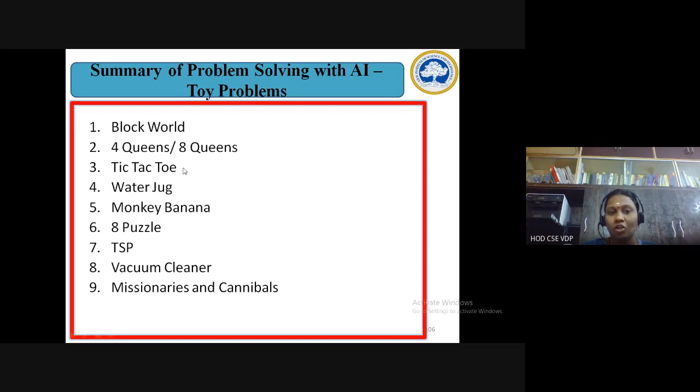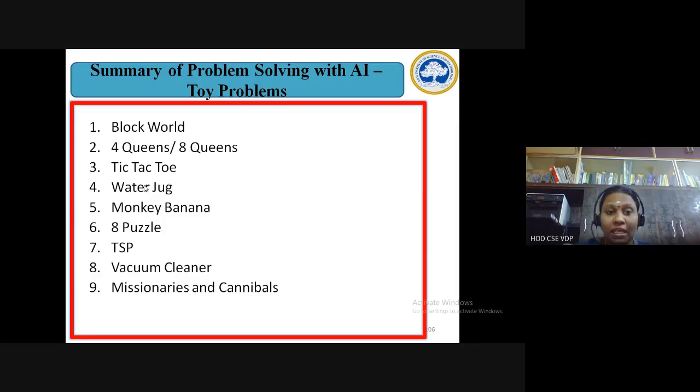Tic-tac-toe, which is nothing but your XO game: using the expected value calculation, we have to reach the final goal state. Then for the water jug problem, again you have a set of production rules, and using those rules, whether you can achieve the goal or not is determined. Monkey banana is again a set of action rules. We don't call it production rules, just action rules. So you just have to derive the sequence.